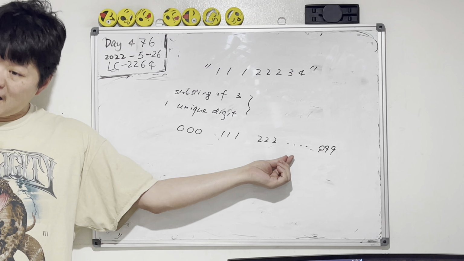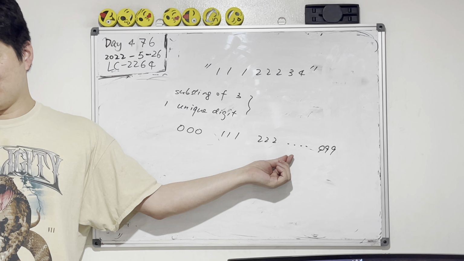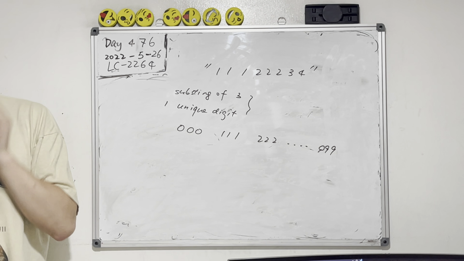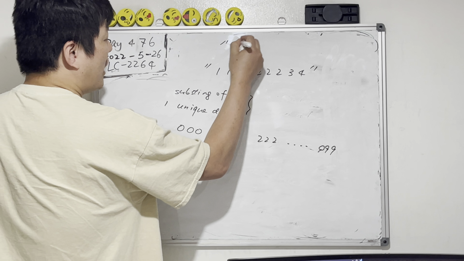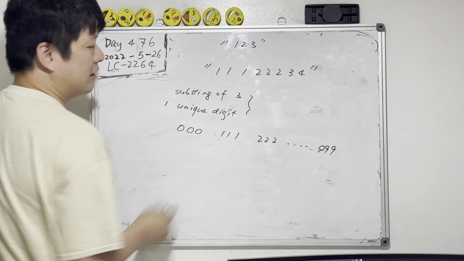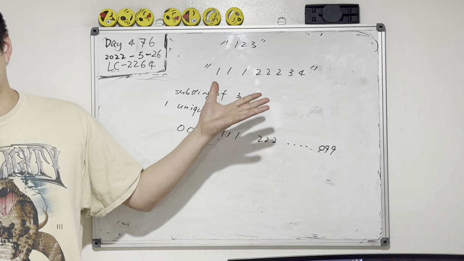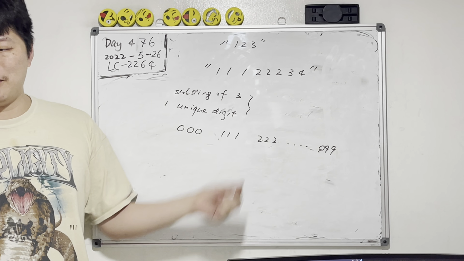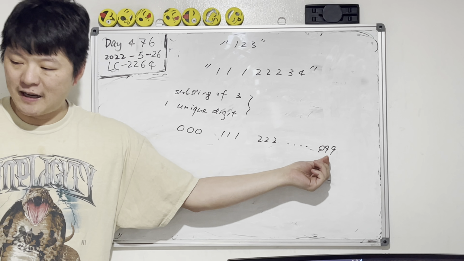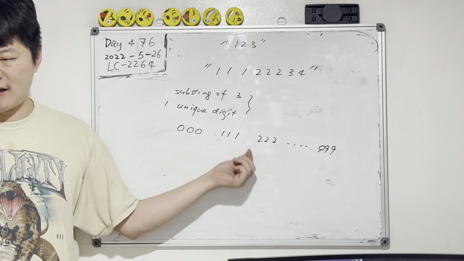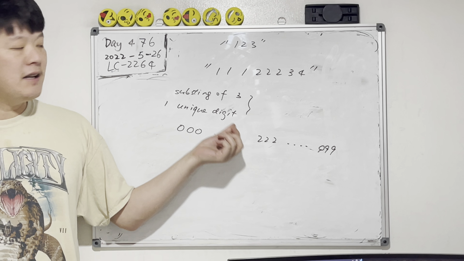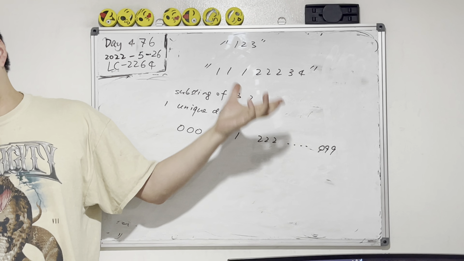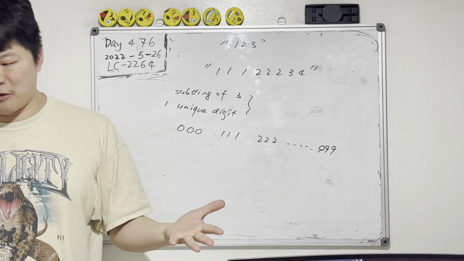If not, we check 888, and so on. If we don't find such a string, we return an empty string. For example, with 1, 2, 3 there's no such substring that contains only one unique digit, so we return empty. So we check backwards, and as long as we find the substring in the original string, we immediately return it because that's the largest one.